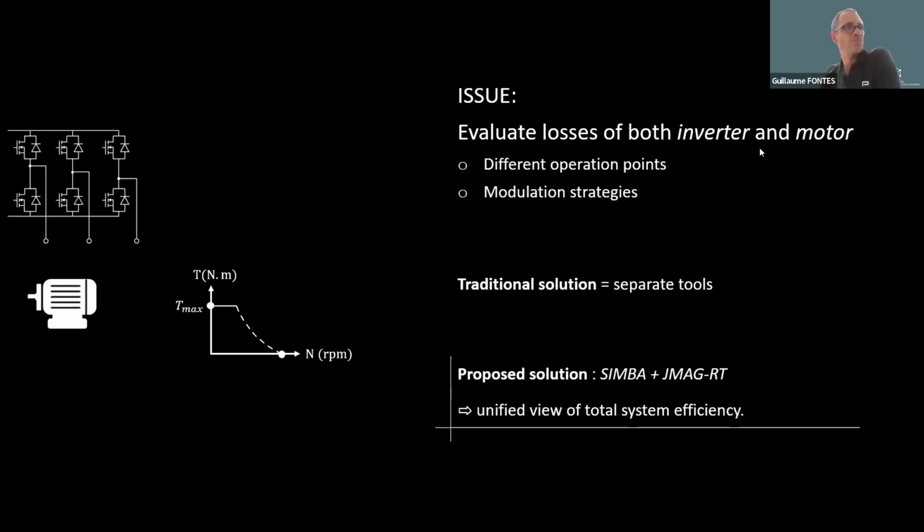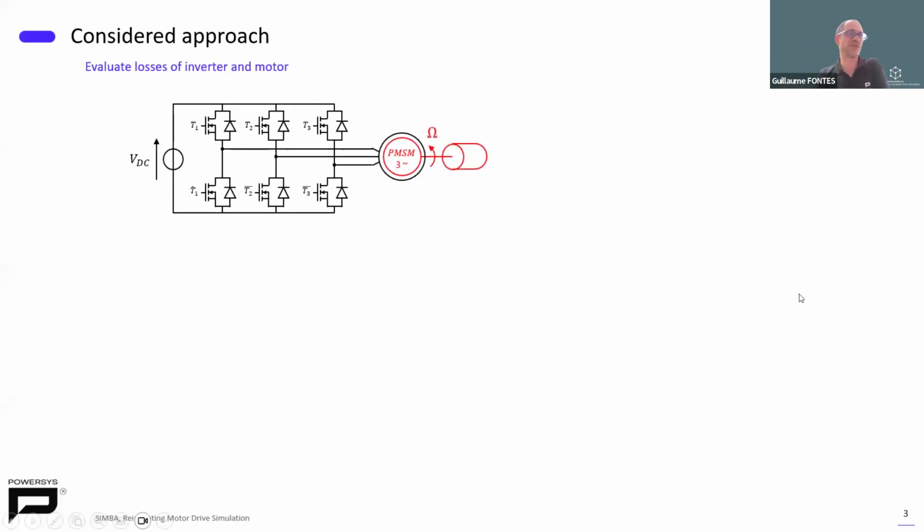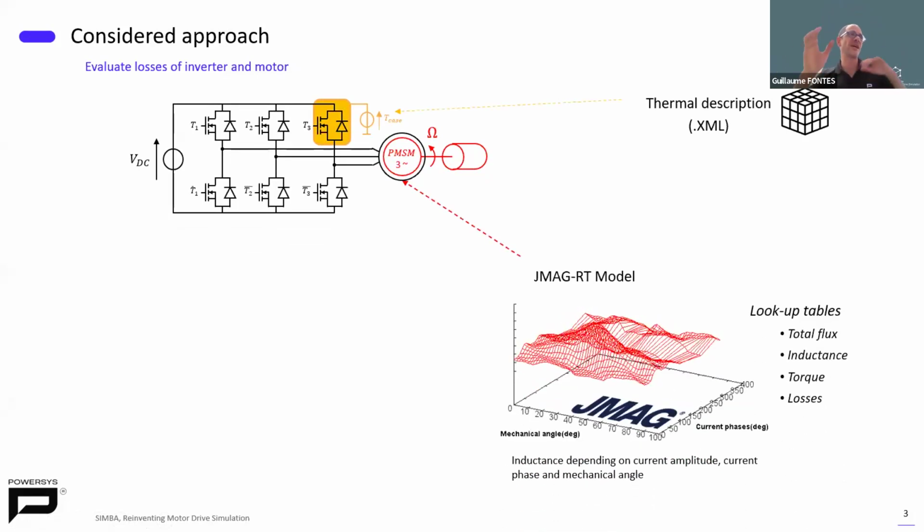So today, what we are going to do now. Here's the approach we are going to consider in order to evaluate the losses of the inverter and the motor. So the power switch model will be associated with a thermal description, whereas the motor model will be associated with a JMAG-RT model.